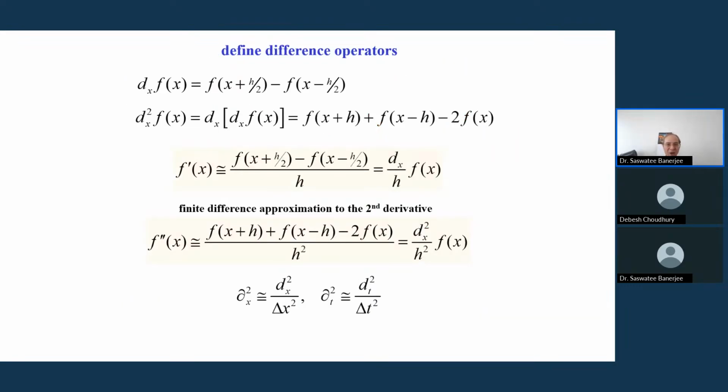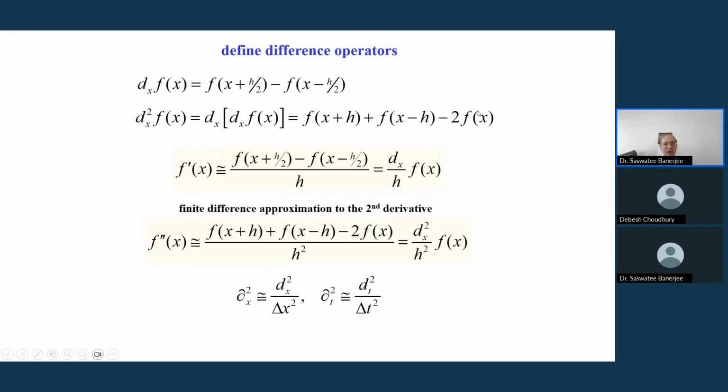All right, for the purposes of this talk, I'm going to define some difference operators just to make the notation simpler. The first one is this central difference operator. If you apply it twice, you get this. And this is what you should remember because I'm going to use this very often, this δx squared. This is a double finite difference, and it comes out to this.